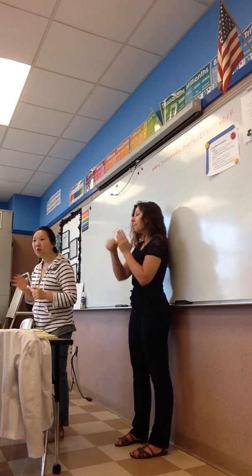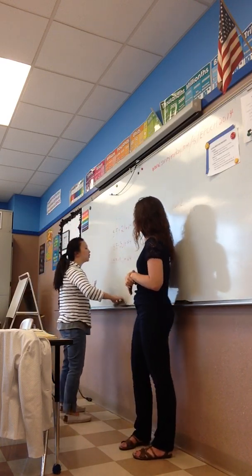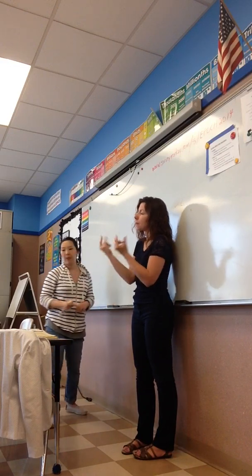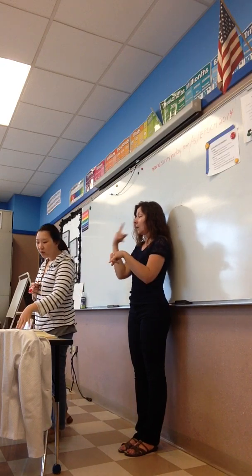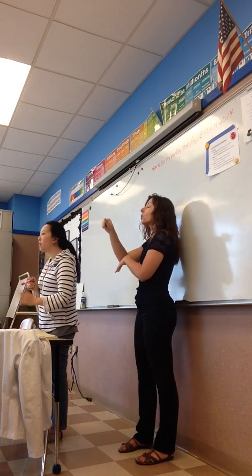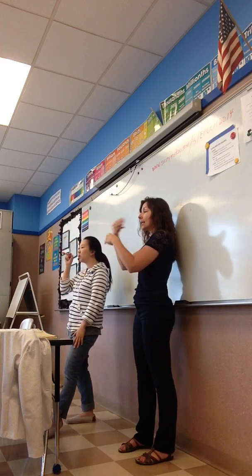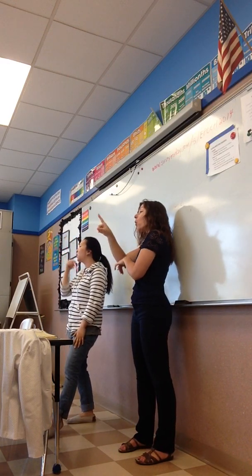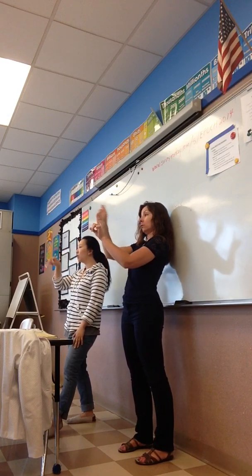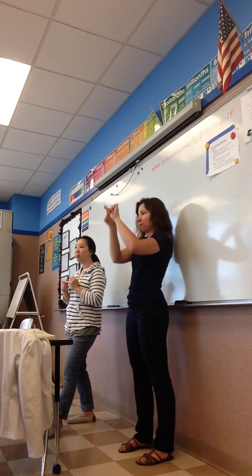596. Now, we reviewed this on Friday, but I just want to review this one last time. System of linear equations and quadratic equations. Remember, quadratic has to be squared, and quadratic makes what shape? A parabola.